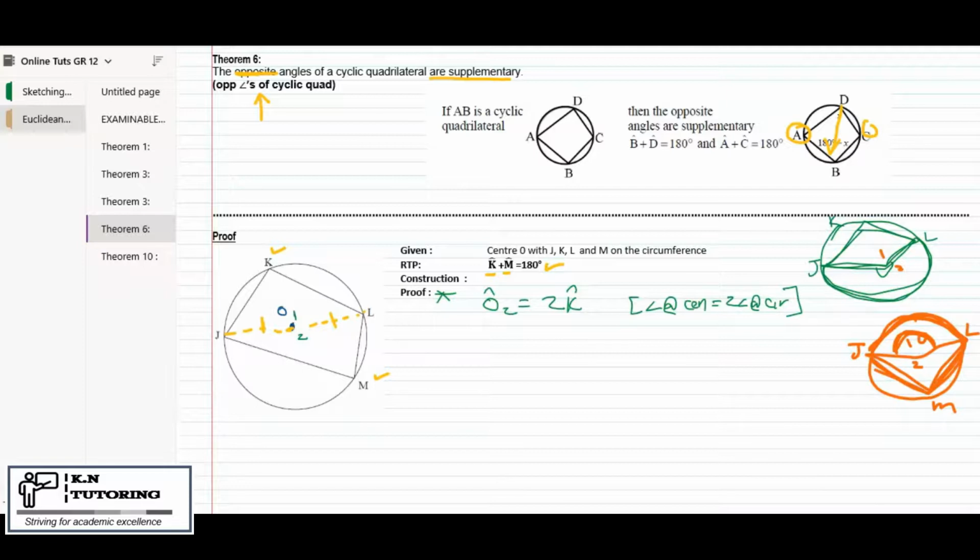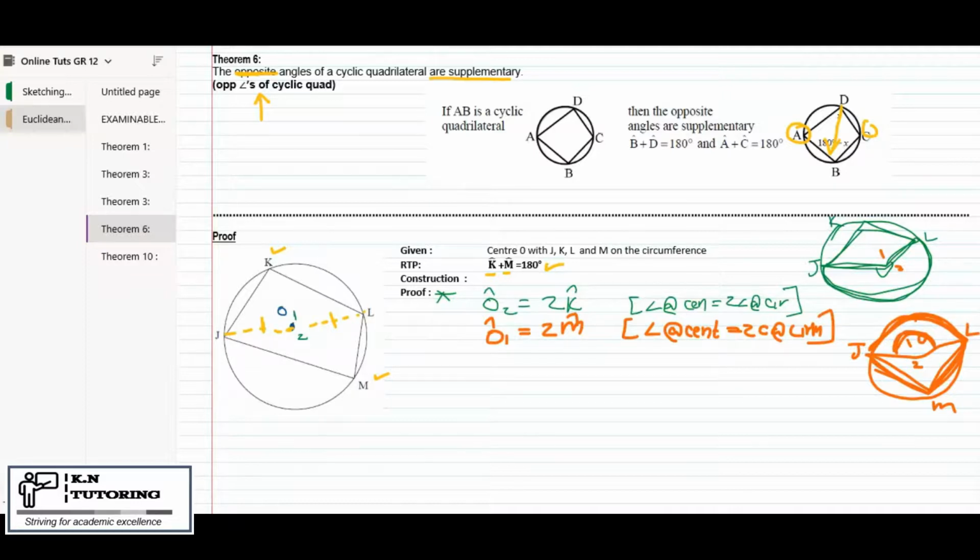Okay, like I said, it's going to get messy, but the most important thing is for you to get a picture of what I'm referring to. So in the other triangle, we can say O1 is equal to 2 times angle M. What is the reason? It's the same reason as angle at center. Just write the summary. The angle at the circumference. Just in a summary there.